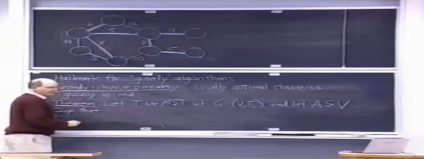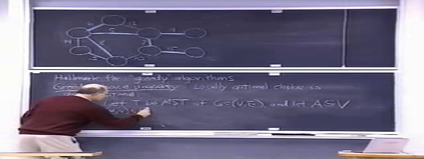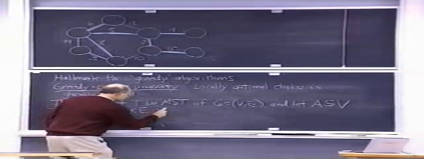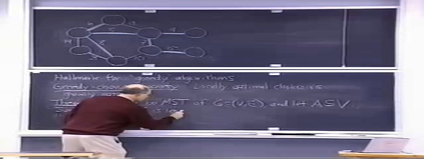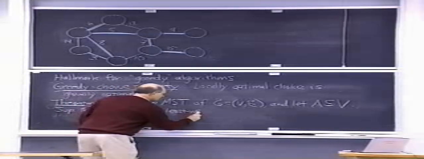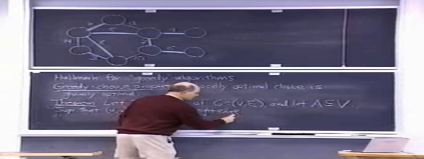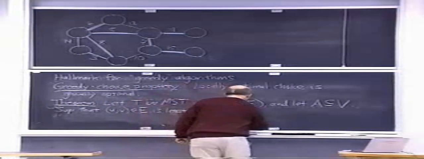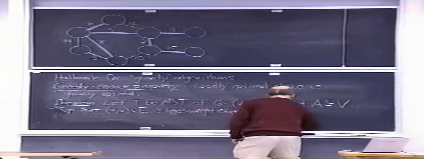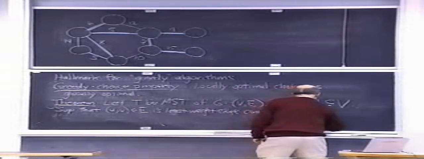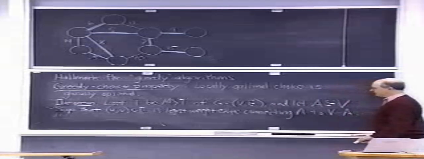that some edge UV is the lightest edge, the least weight edge, let me call it, connecting a vertex in A to a vertex in V minus A. Okay?